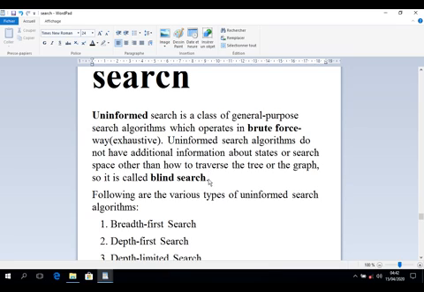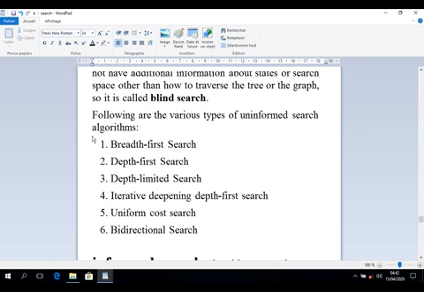Uninformed search is a class of general purpose search algorithms which operate in brute force way. That is the exhaustive search. Is it okay? Uninformed search algorithms do not have additional information about states or search space other than how to traverse the tree or the graph.